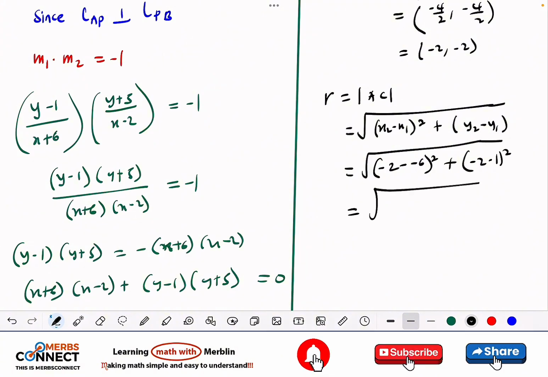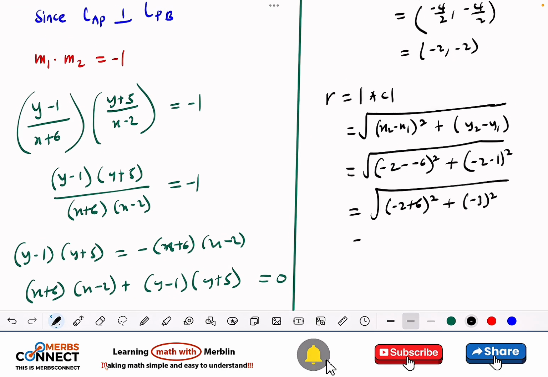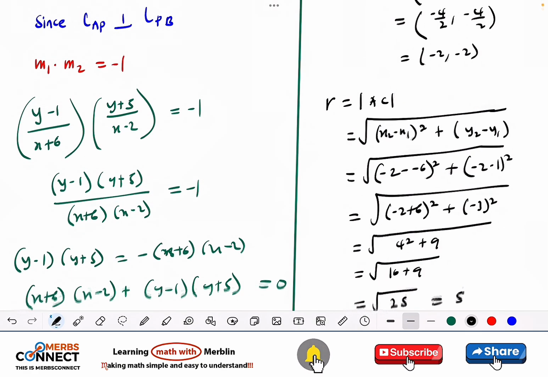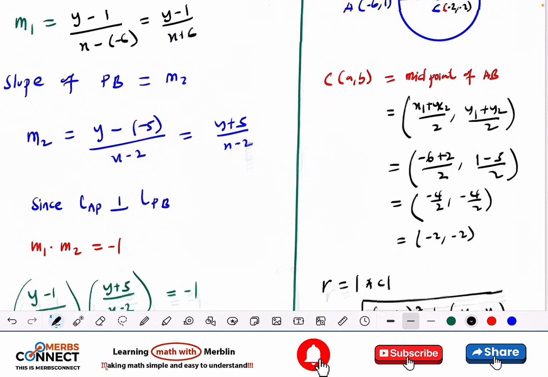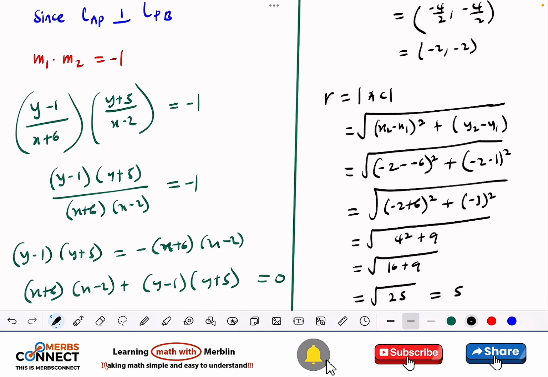So minus minus will be positive: (-2 plus 6) squared plus (-3) squared, and I'm going to have 4 squared plus 9... no, 4 squared plus 3 squared, so 16 plus 9, and this is going to give us the root of 25, and this is going to give us 5. So the radius here is 5, and we have the center to be (-2, -2).